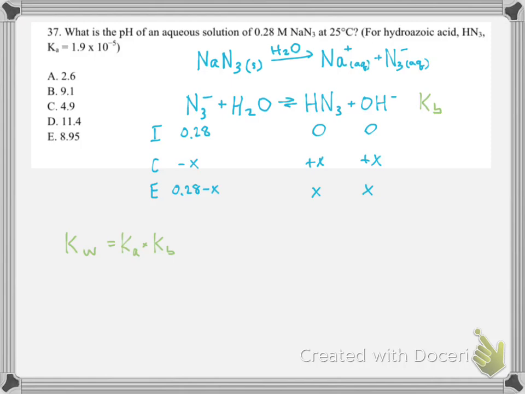Okay, so we'll have Kb is equal to 1 times 10 to the minus 14 divided by 1.9 times 10 to the negative 5th. This equals 5.26 times 10 to the minus 10.